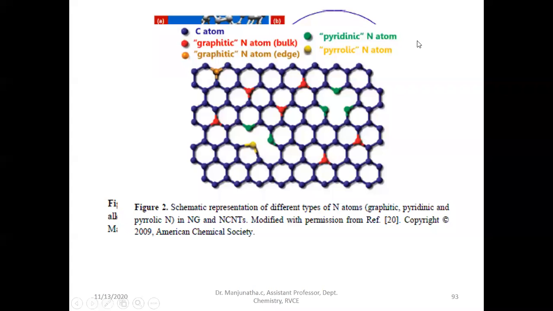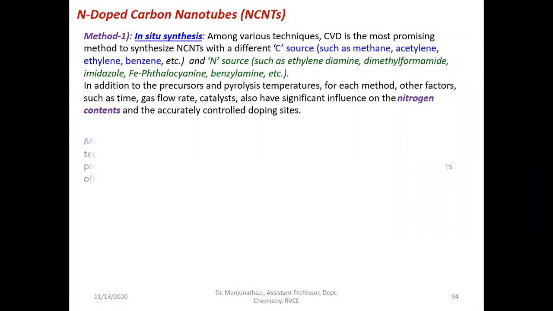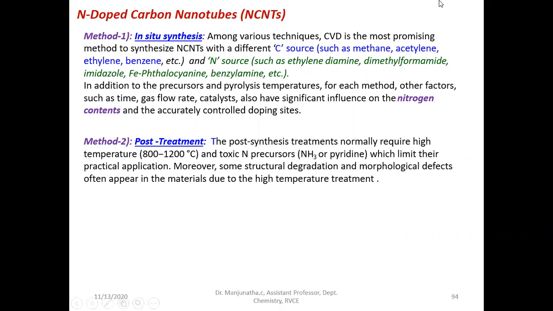Let us look at what procedures are used for this doping, substitution of nitrogen atom in place of carbon atom. Okay, this can be carried out in 2 ways. One is in situ synthesis, or the other one is post treatment. In situ synthesis means while preparing the CNT itself.